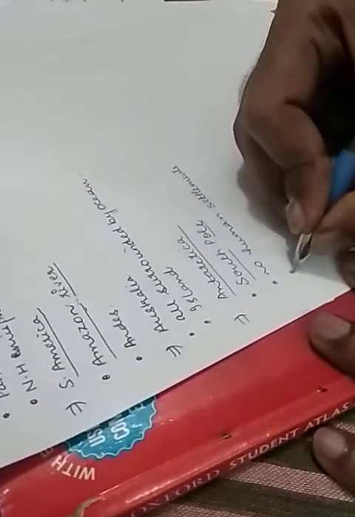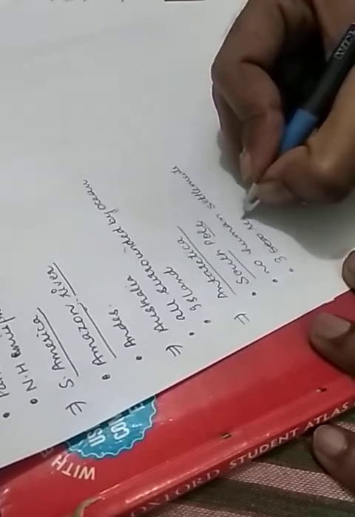India has got 3 research stations. Maitri, Dakshin Gangotri, the third is Bharti.